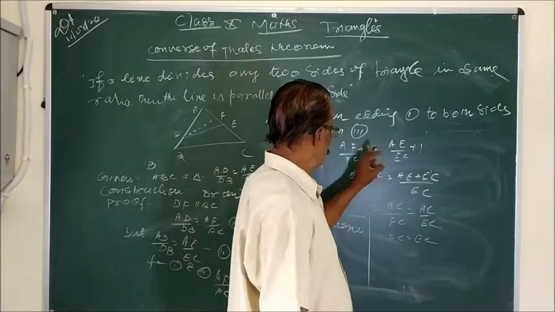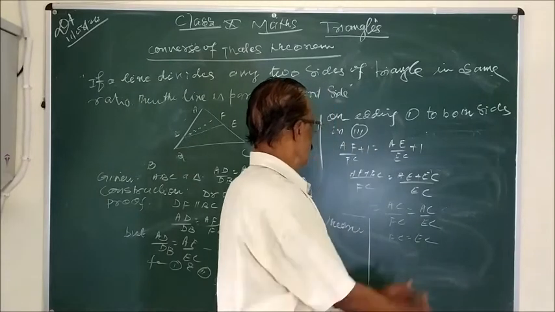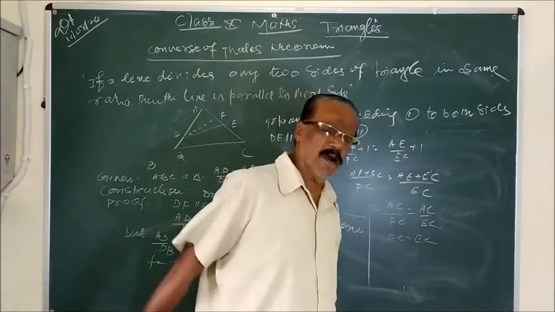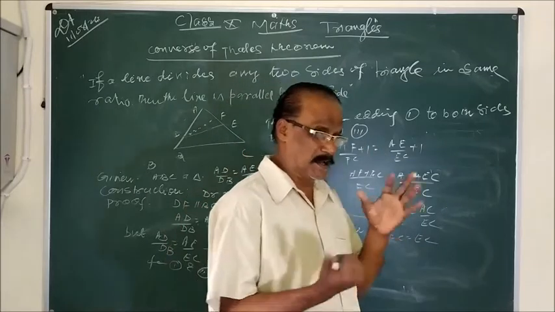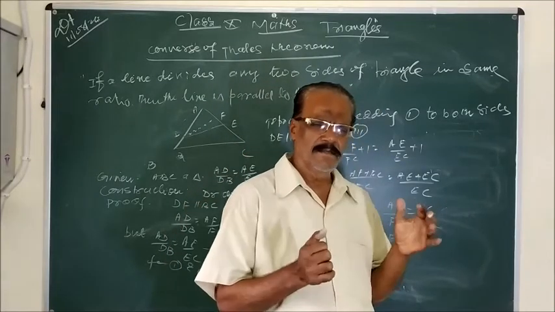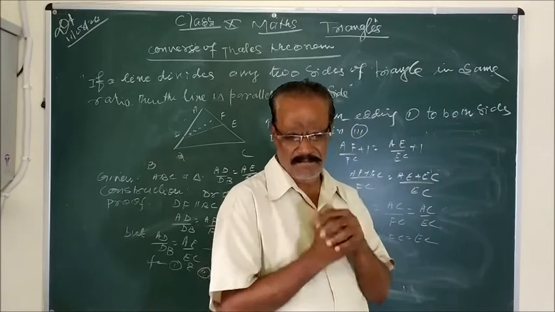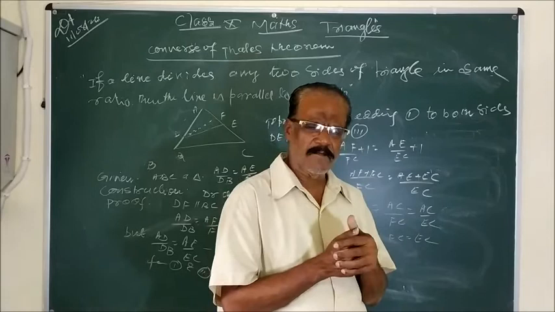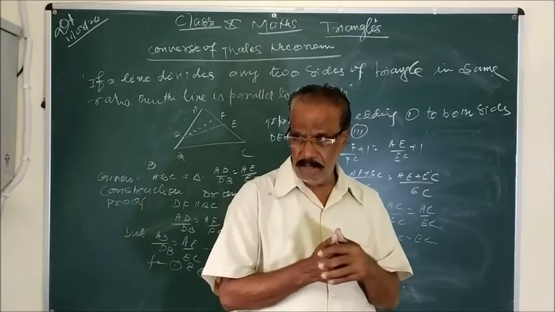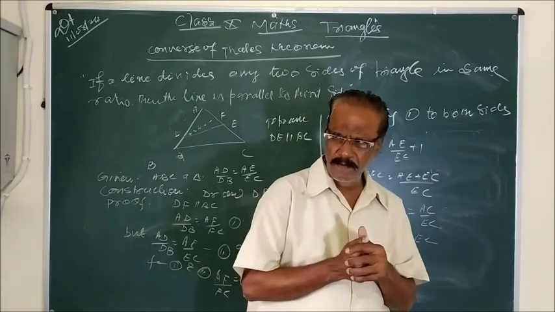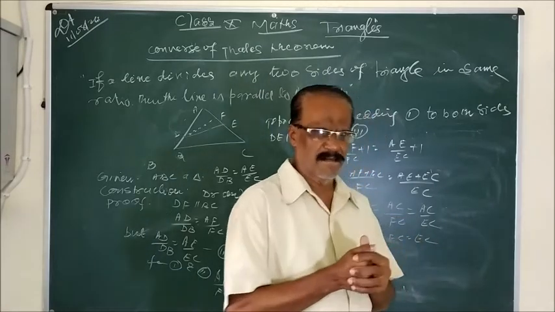Now you add 1 to both sides. Now you can ask the question, why are you adding 1 to both sides? My dear students, in some questions, in some chapters, the more practice and the more questions you solve, the more ideas you will learn.